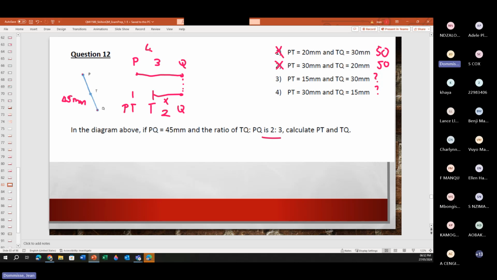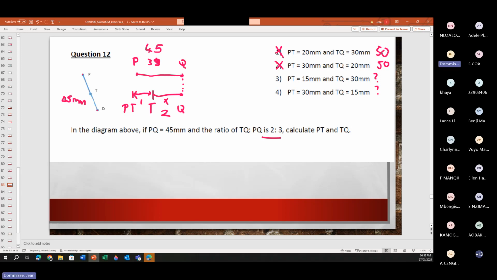So if that is 45, and I think this was, so that whole thing is 3, that is 2, that is 3, this is 1.